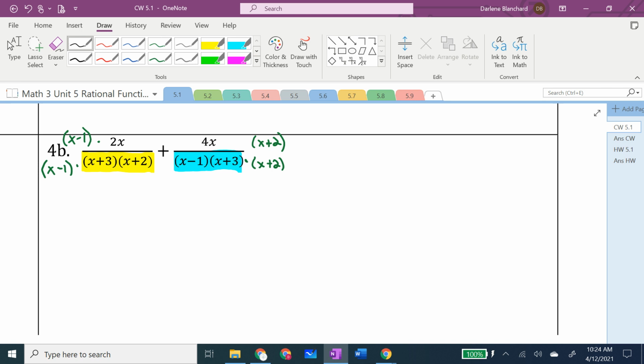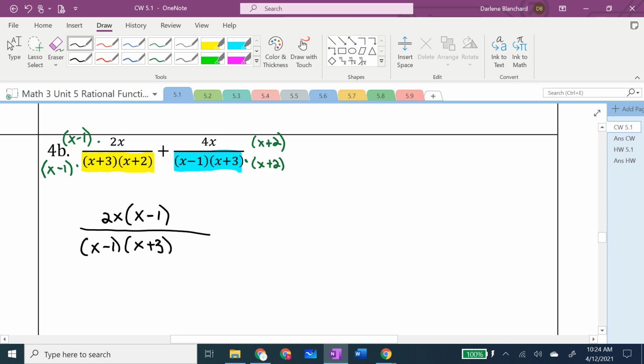Now, the first numerator, you have a 2x that needs to multiply with a parentheses x minus 1. And again, you can do this in fewer steps if you see fewer steps to do. I'm going to do this slowly to make sure I don't lose anyone. For the second fraction, I have a 4x times a parentheses x plus 2.